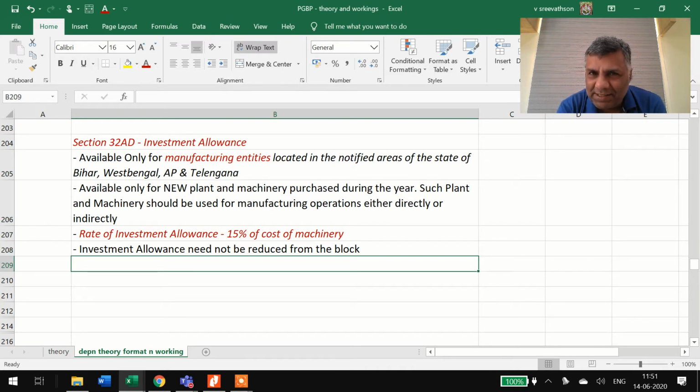Investment allowance will be separately claimed. Less normal depreciation, additional depreciation, closing WDV. That will become the next year's opening WDV. Investment allowance can be separately claimed.